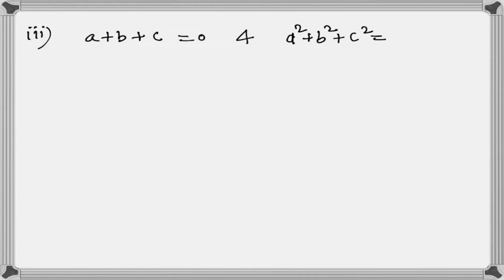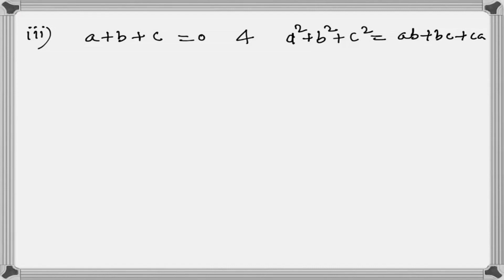Okay. Alright. So let's go to the third part. a + b + c is 0 and a² + b² + c² is equal to ab + bc + ca. So these are the two conditions.